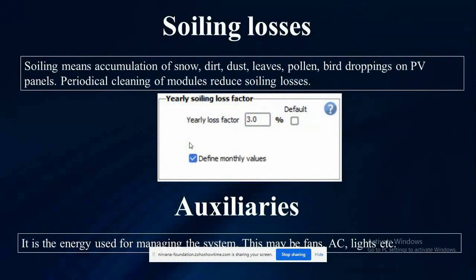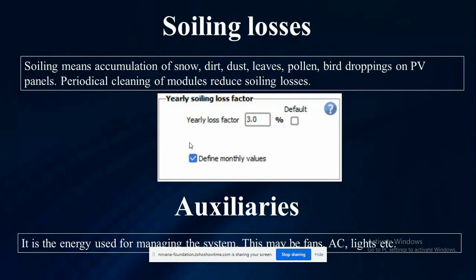And soiling losses. Soiling means accumulation of snow, dirt, pollen, bird droppings on the panels. So once cleaning is done properly and regularly, soiling losses can be neglected. And then auxiliaries: it is the energy used for managing the system, like the ACs, fans, lights, and other security equipment.